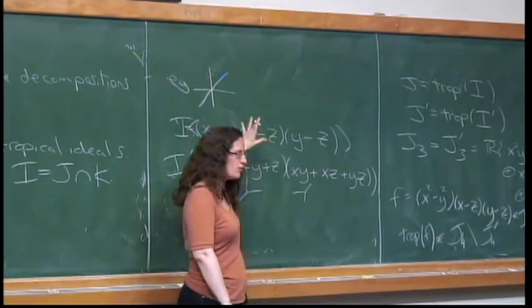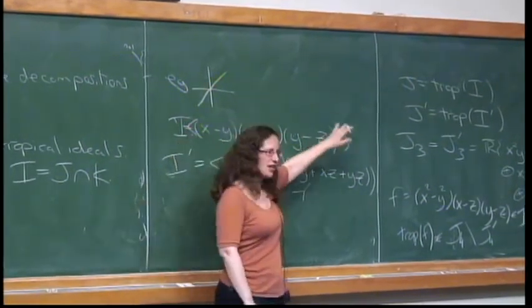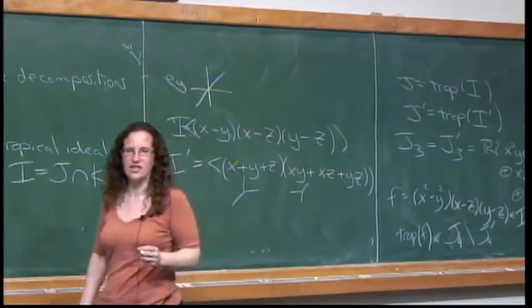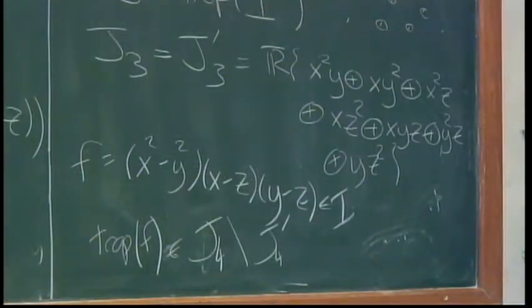But in principle, once you've done that, J and J prime should have the intersection properties that we want. So they should actually decompose as the union of either 3 or 2 tropical ideals. Okay, so that's the first bit.